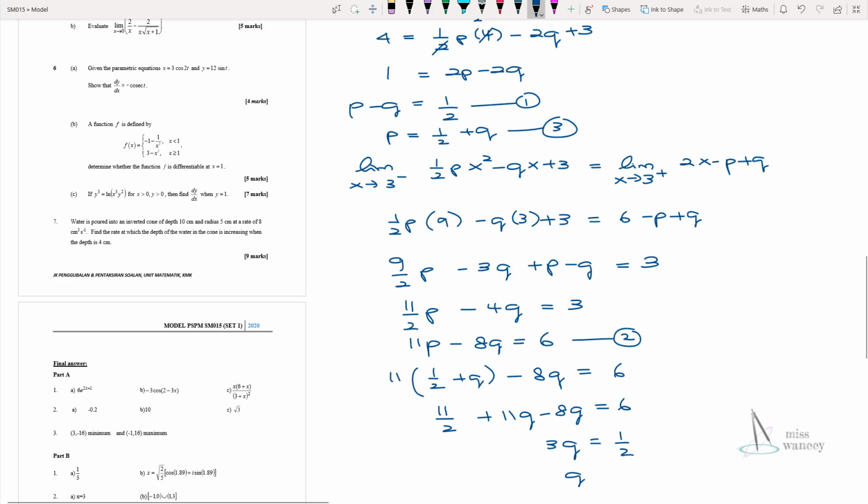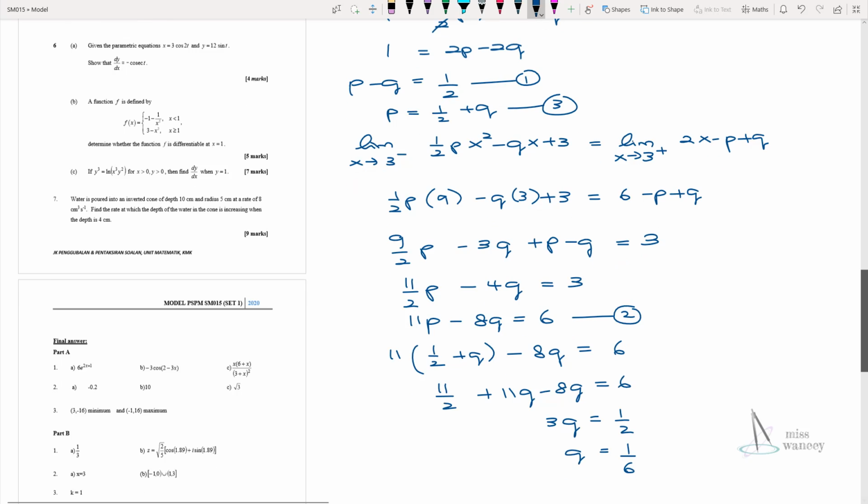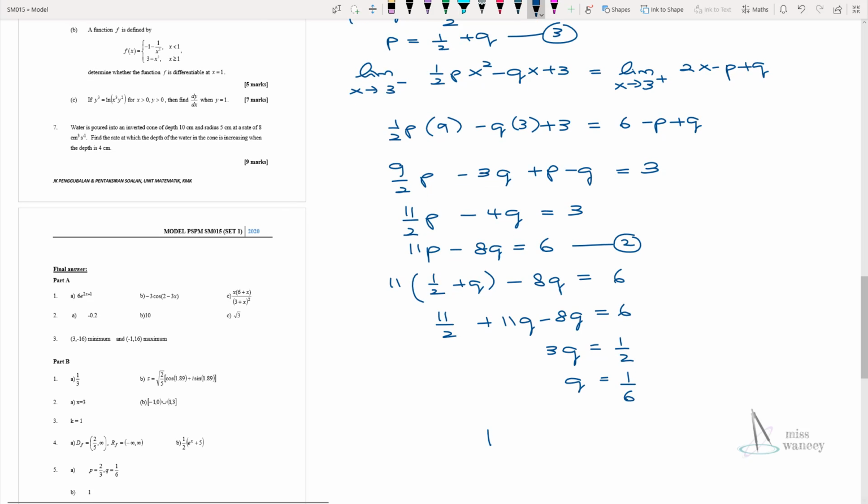So q will be equal to 1 over 6. So since q is equal to 1 over 6, p will be equal to 1 over 2 plus 1 over 6. So 6 plus 2, 8, 8 over 12. So divide them by 4. This is 2, divide them by 4, 3. So p is equal to 2 over 3.